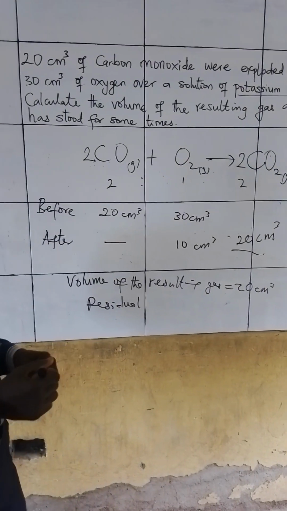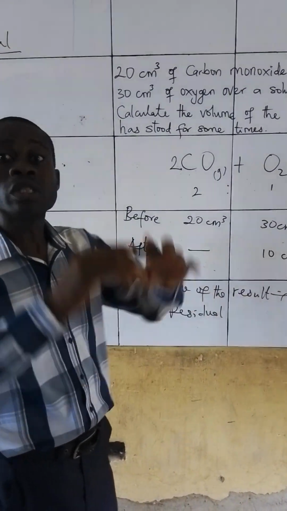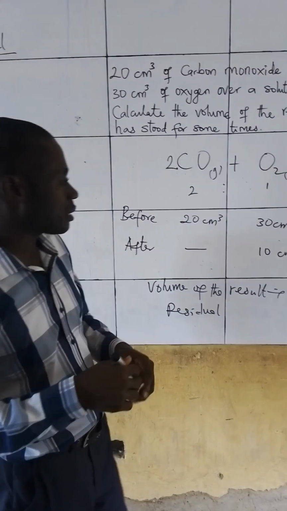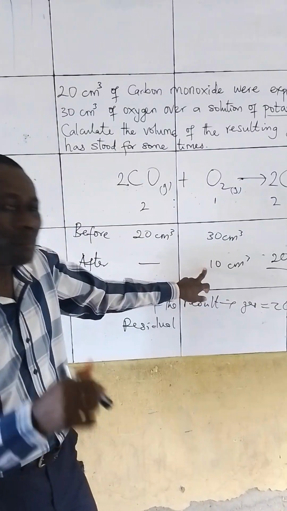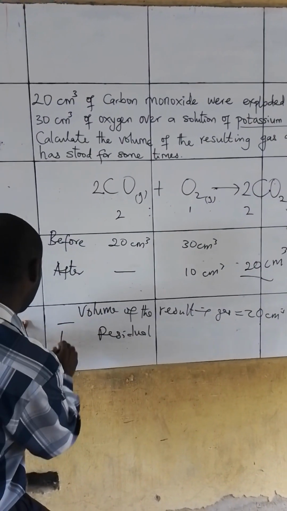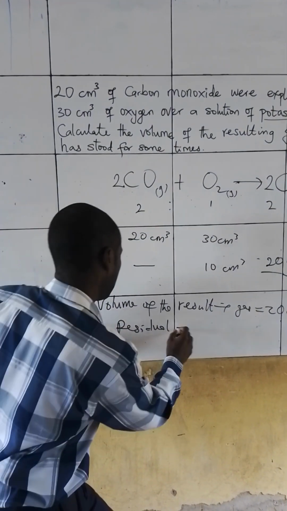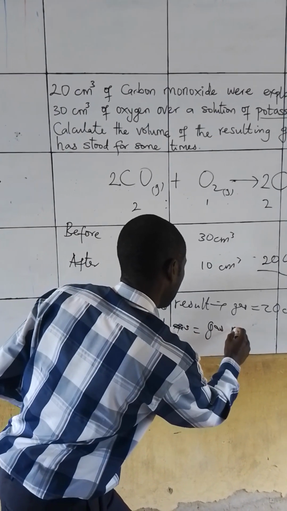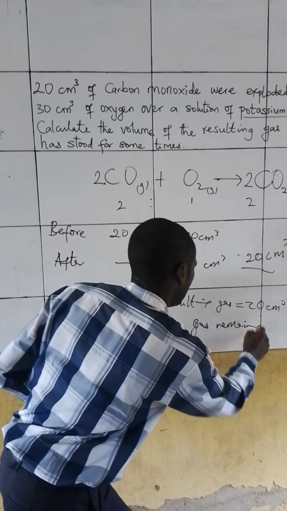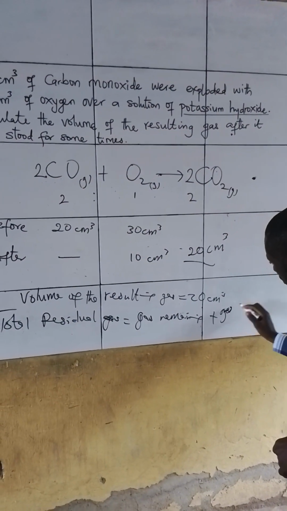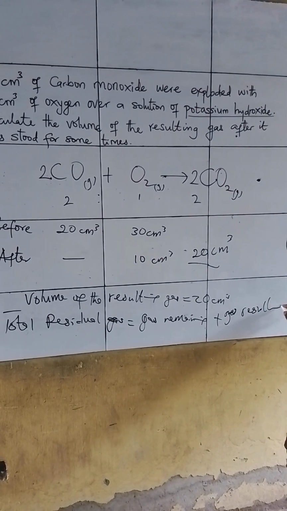The questioner can also ask you, what is the total residual gas? Total residual gas means the remaining gas and the gas formed. So the total residual gas will be the gas remaining plus the resulting gas.